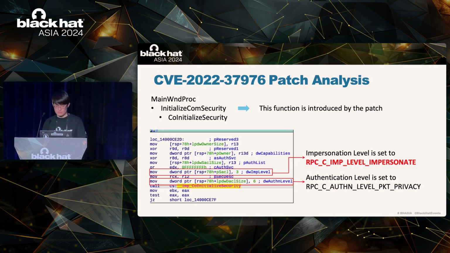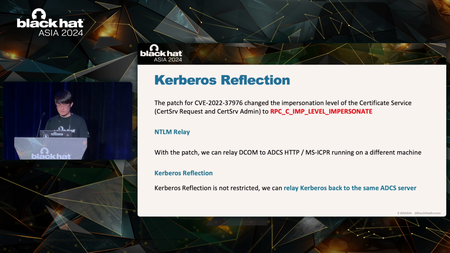It changed the authentication level of the search service to packet privacy to patch the vulnerability. And the impersonation level was also changed to RPC_C_IMP_LEVEL_IMPERSONATE. The impersonation level is exactly what we want. So now we have DCOM authentication with impersonate.